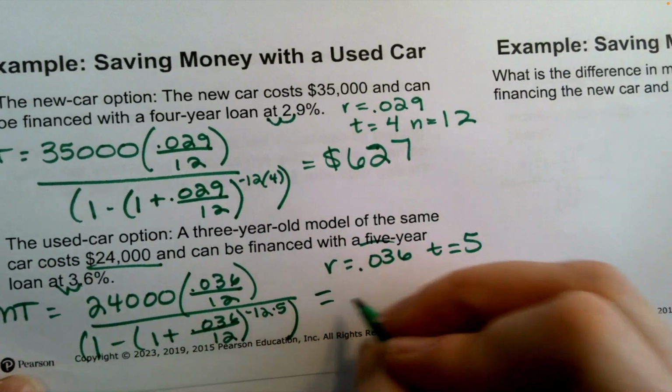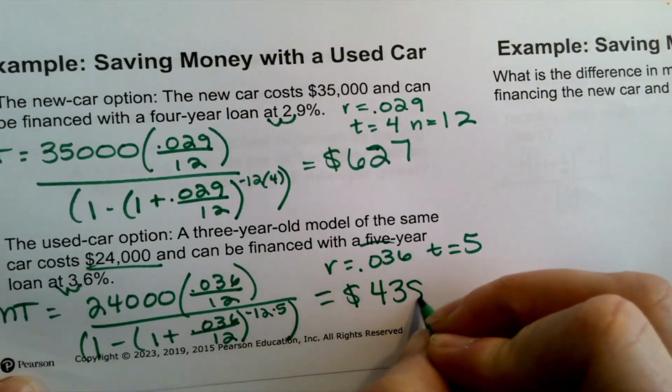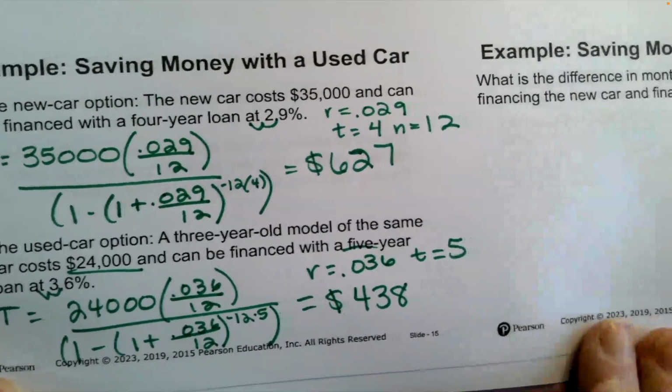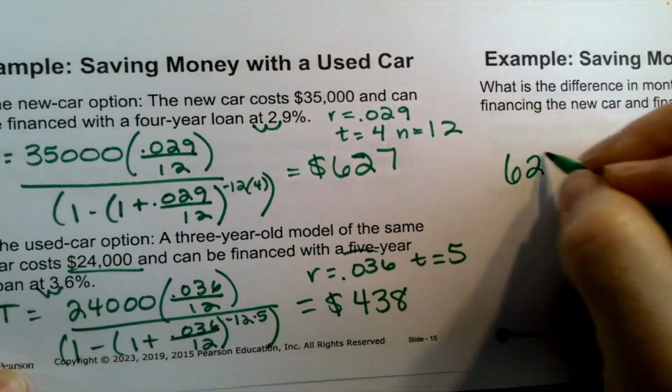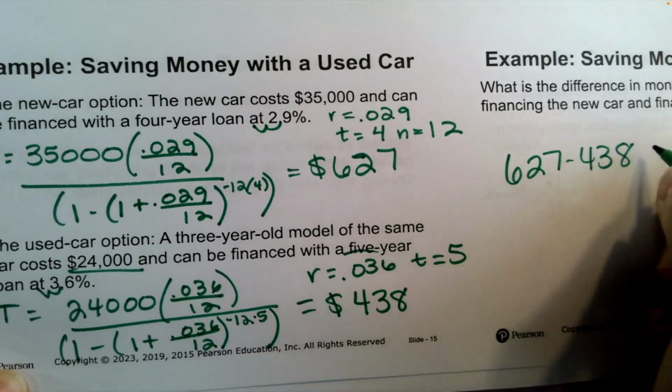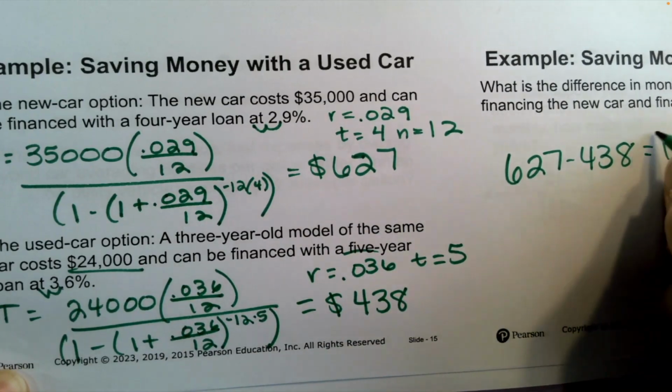When you put that in, it comes out to be $438, so quite a bit cheaper. So what's the difference? The difference is $627 minus $438. It's $189 cheaper.